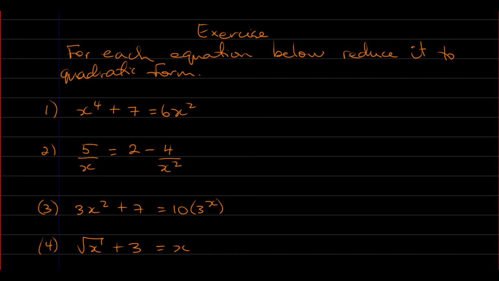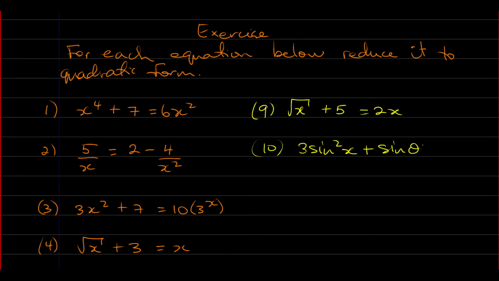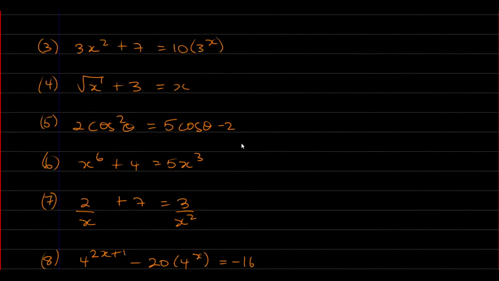I'll put it in a different color so don't get mixed up. Number 9: root of x plus 5 equal to 2x, and then number 10 be 3 sine squared x plus sine x. Right? That should be easy for you to do.